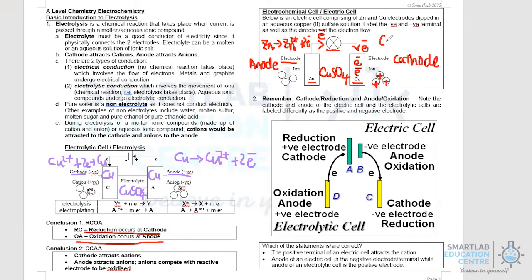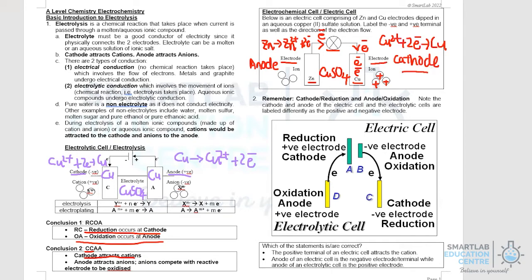The Cu2+ will undergo reduction at the cathode to give you your copper. So we could also conclude that when the cation is attracted to the electrons, we can use CCAA to conclude that the cathode attracts cation, and that also allows us to confirm that this electrode is a cathode.